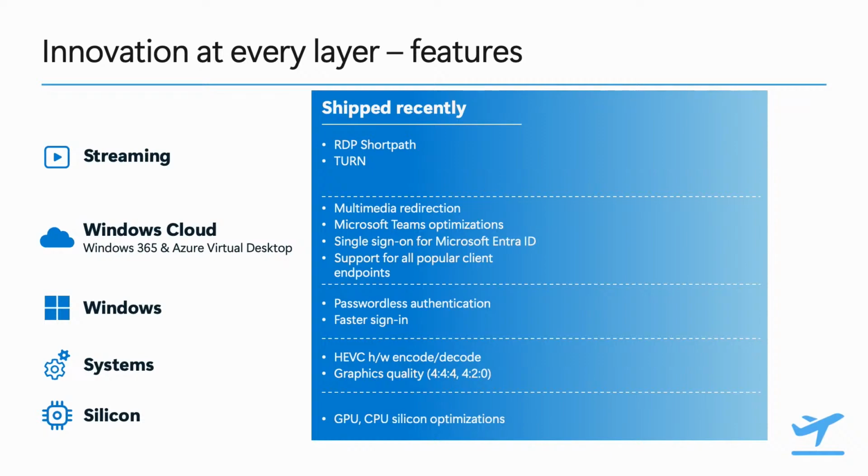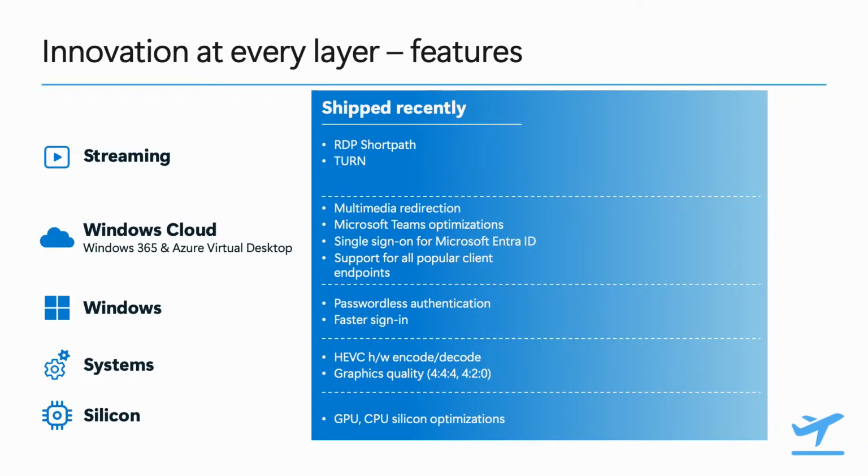At the system level, we have brought support for hardware encode and decode of HEVC. And for graphics quality, we have support for both 444 with H.264 and 420 with HEVC. At the silicon level, like I mentioned before, we are working with GPU and CPU silicon providers to optimize the way their silicon is built.